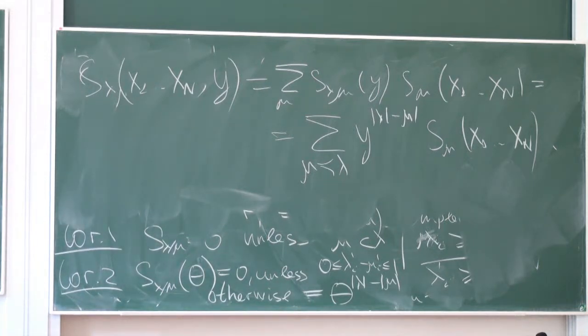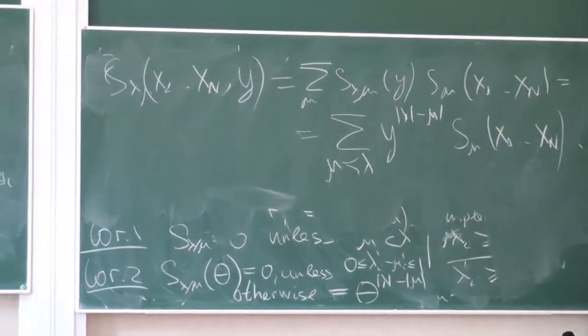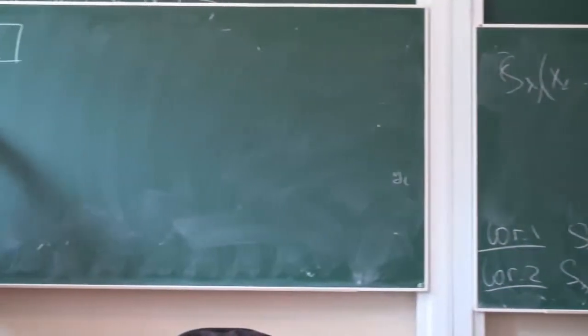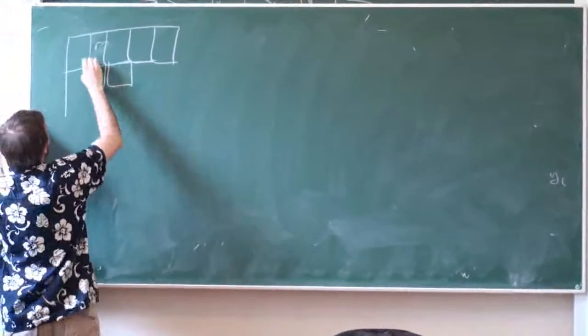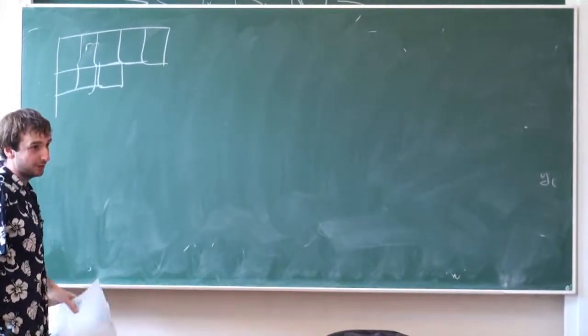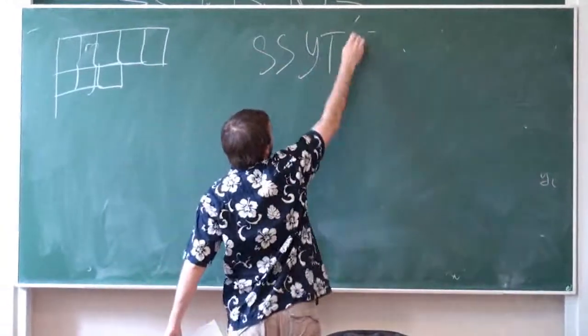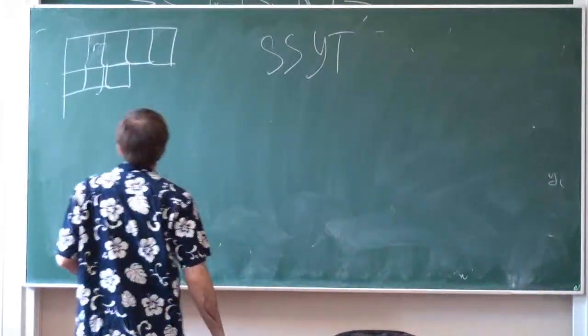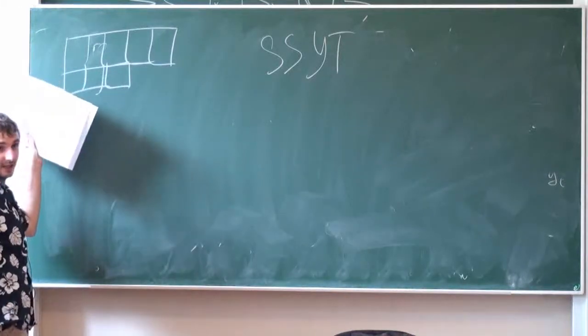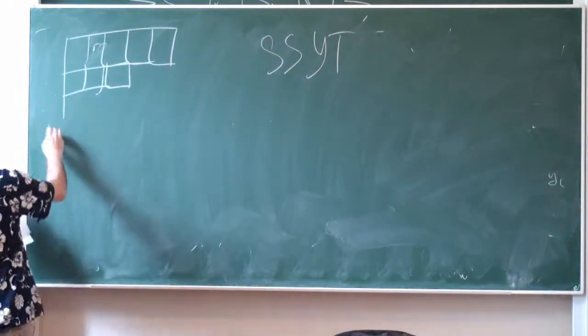So suppose that you have your Young diagram lambda. We will introduce what is called a semi-standard Young tableau of shape lambda. This is a filling of this Young diagram with numbers. We have some parameter n.